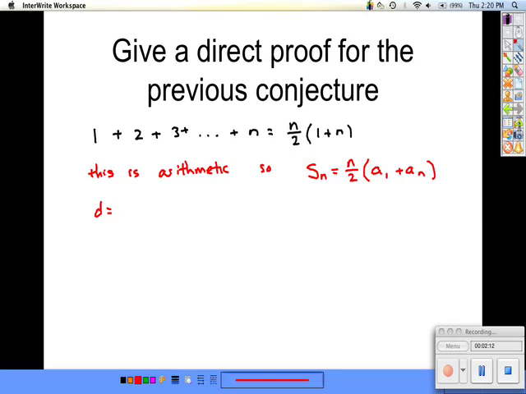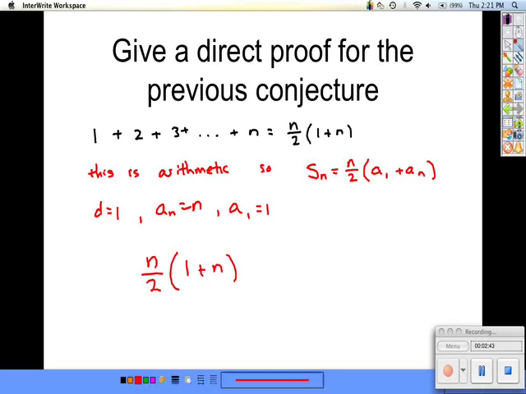D is 1. That's how we know it's arithmetic. We're adding up n terms, so that means that a sub n is equal to n here. And a sub 1, the first term, is equal to 1. So now we can just plug this stuff in and get n divided by 2 times 1 plus n.